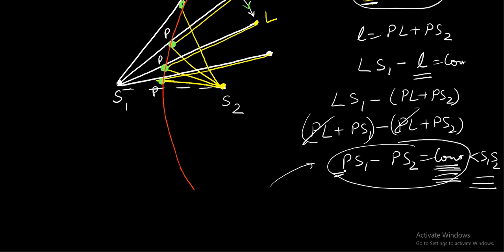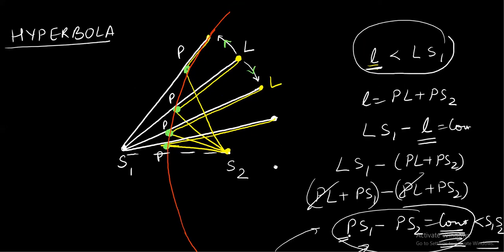So see, I am getting a hyperbola, and मैंने verification करके आपको बता दिया कि yes, what we are tracing is actually a hyperbola only. I hope I was not saying parabola. I'm talking about hyperbola here. So PS1 minus PS2 is a constant is the condition for the hyperbola, and this is what we are getting. But right now, with the length L as given, I'm just getting the right branch of the hyperbola.